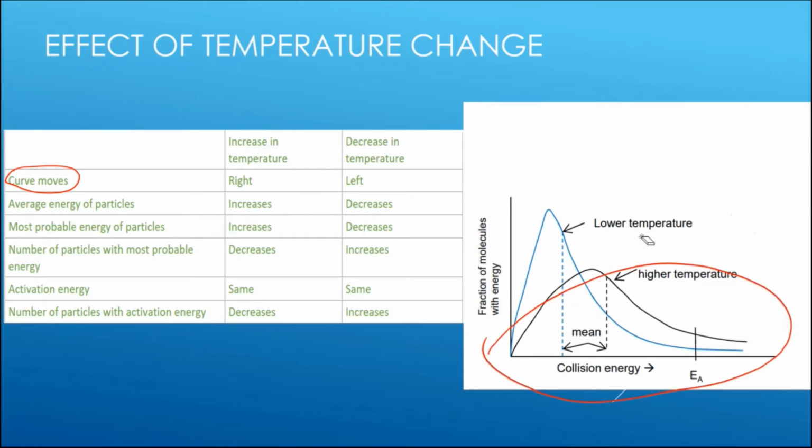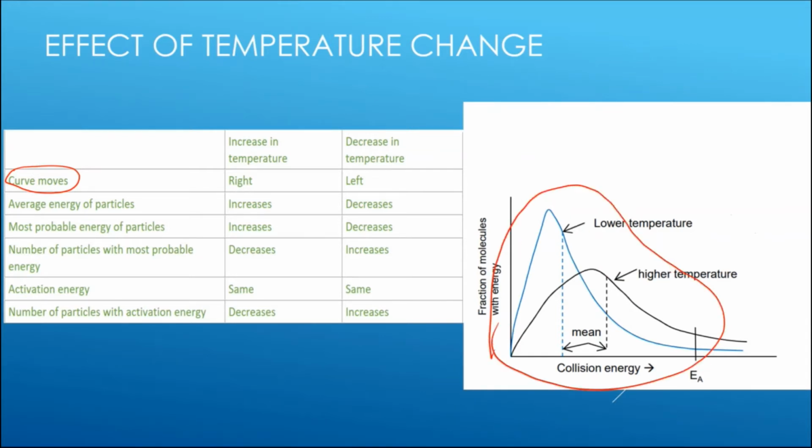Comparing it to the lower temperature graph, the lower temperature graph is a lot steeper, and the higher temperature graph is less steep, because more particles will cover the activation energy.